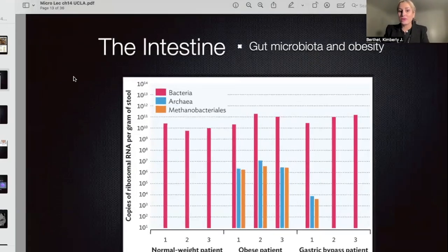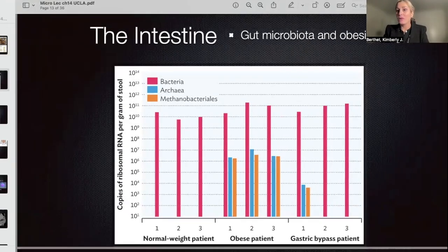Focusing on the intestine, I want to talk a little bit about weight and our association of weight with our microorganisms in our GI tract. Here we're seeing gut microbiota and obesity. Here we see normal patients, and in red, we see a high percent of just bacteria. In obese patients, we don't only see bacteria, we also see archaea and methanogens, microorganisms that work with methane.